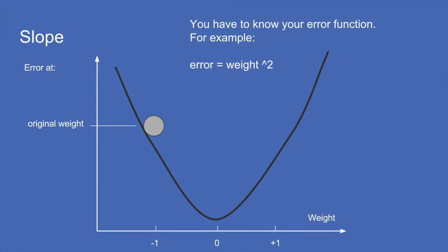So assume we had an error function that was the square of the weight, and you can see that our weight is right at -1. So the first thing we do is we take the derivative, change in error divided by change in weight, dE/dW. The derivative of weight squared is 2 times the weight. And so we plug in our weight of -1, and we get a slope, dE/dW, of -2.